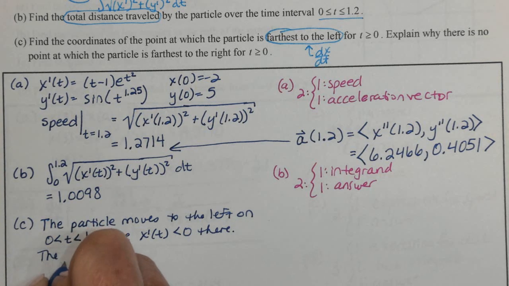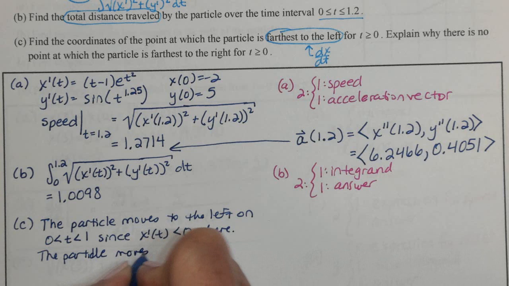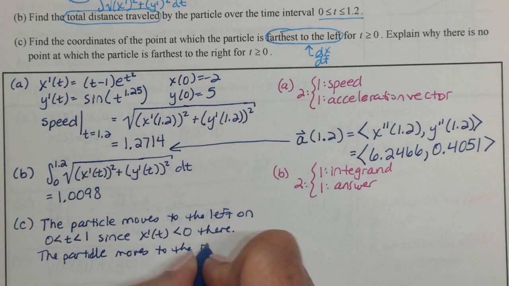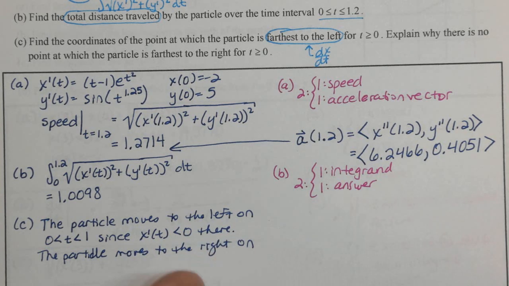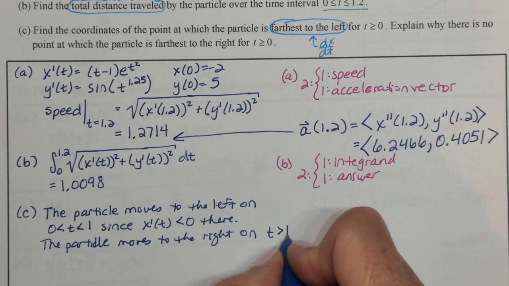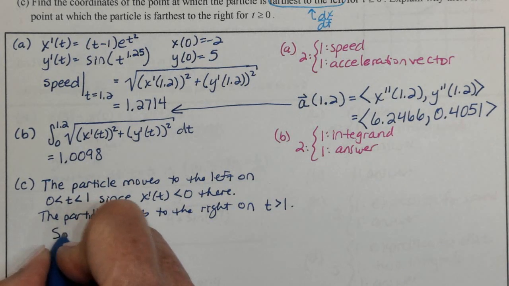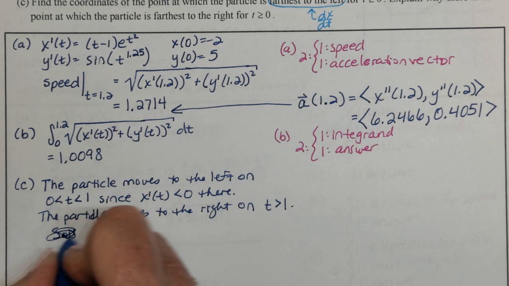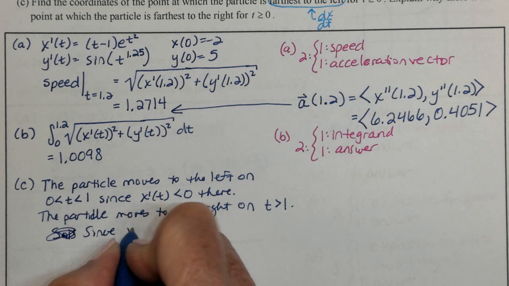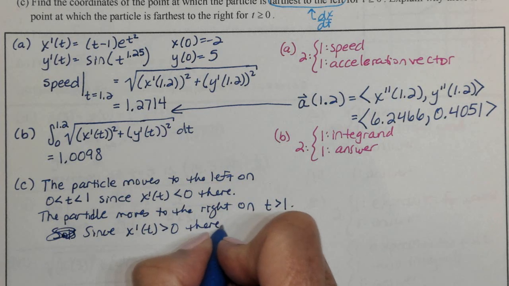The particle moves to the right after 1, so t is greater than 1, since x prime of t is positive there.